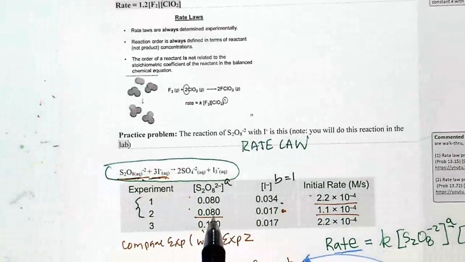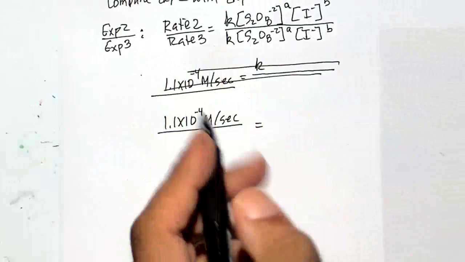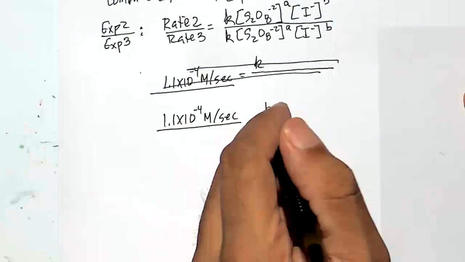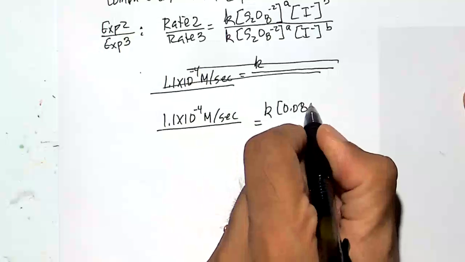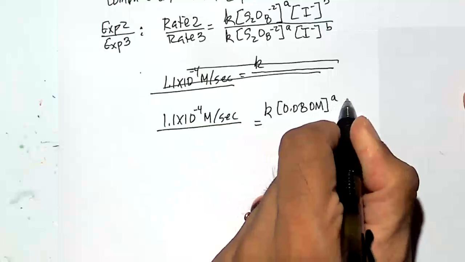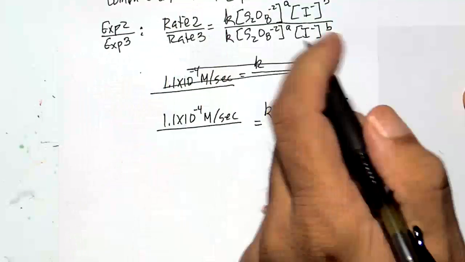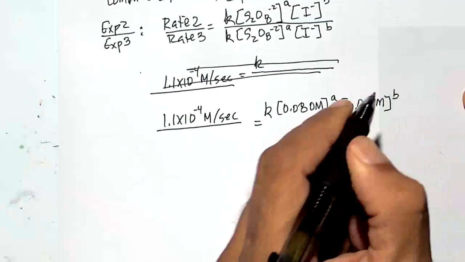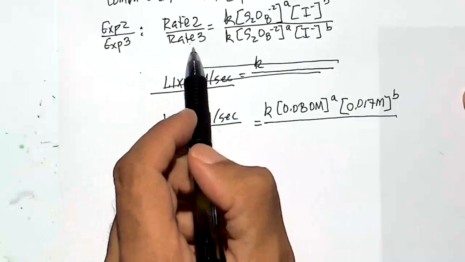S2O8 minus 2 is 0.08. I'm just substituting values here from the data table for experiments 2 and 3. I minus for experiment 2 is 0.017, raised to the power of b, which we found out was 1.